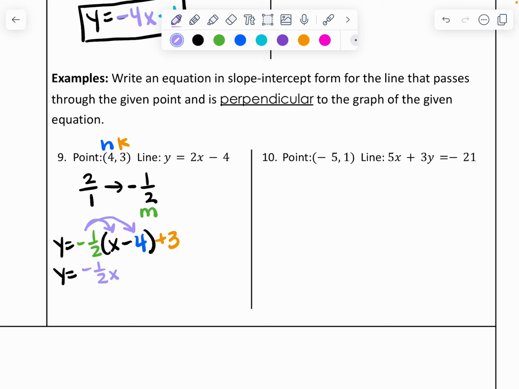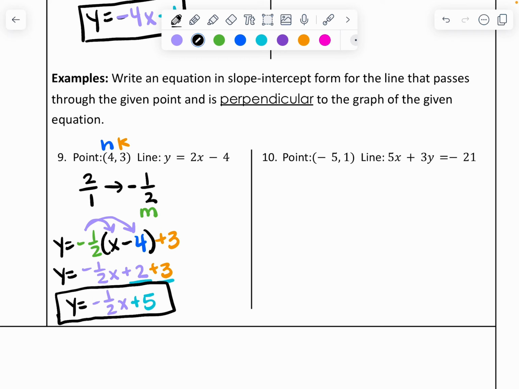Negative 1/2 times negative 4 is positive 2. Plus 3. Combine like terms. And I have y equals negative 1/2 x plus 5. This is the equation of a line that goes through the point 4, 3 and is perpendicular to the line y equals 2x minus 4.